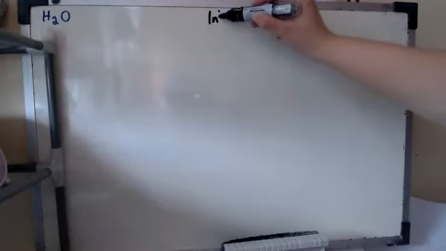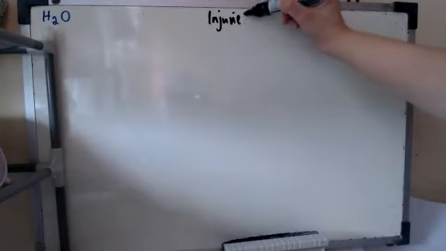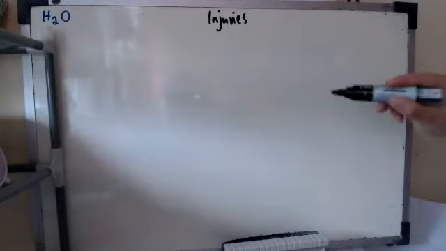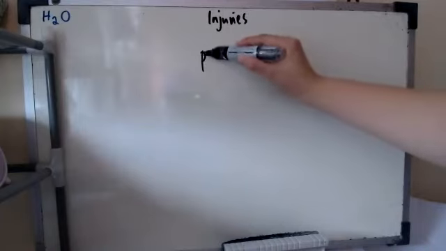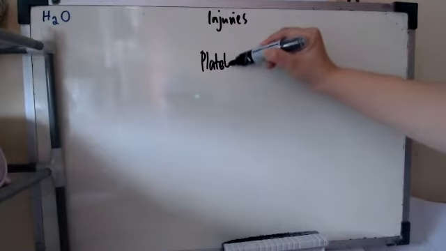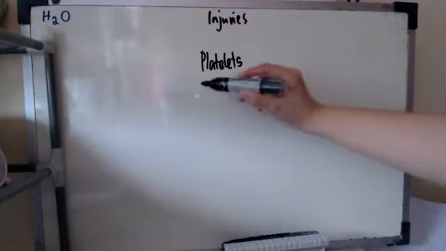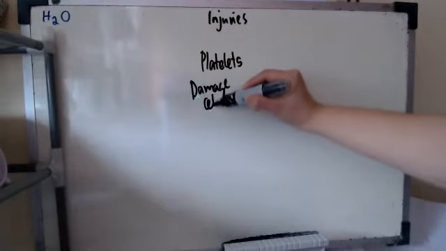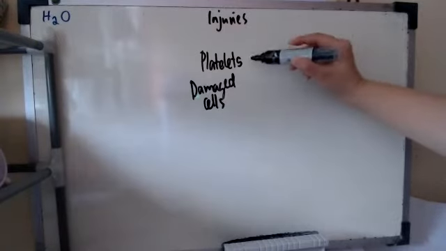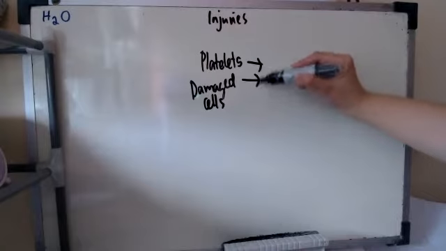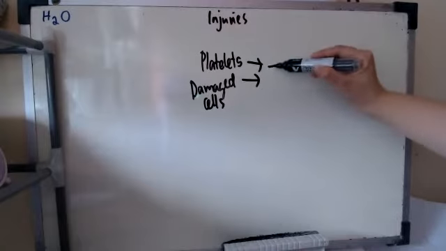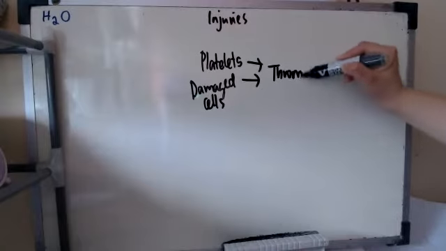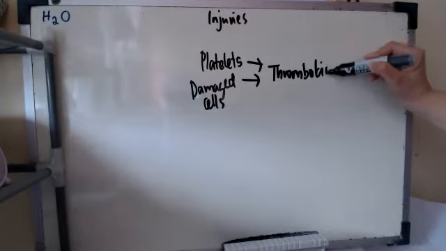If there's injuries, be it external or internal injuries, the platelets and also damaged cells will secrete what we call thrombokinase. Okay?